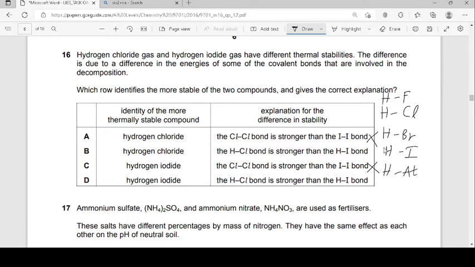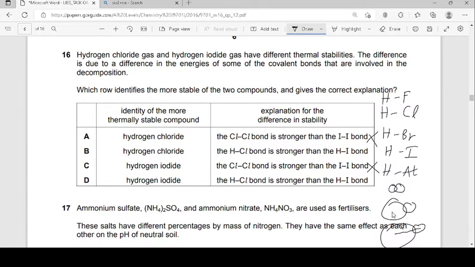Identity of the more thermally stable compound. Well, down group 17, your atomic size increases, right? The size of the halogen atom increases, because your H is going to remain the same, but your orbital overlap decreases down the group, which means you get a longer and longer bond length, right?